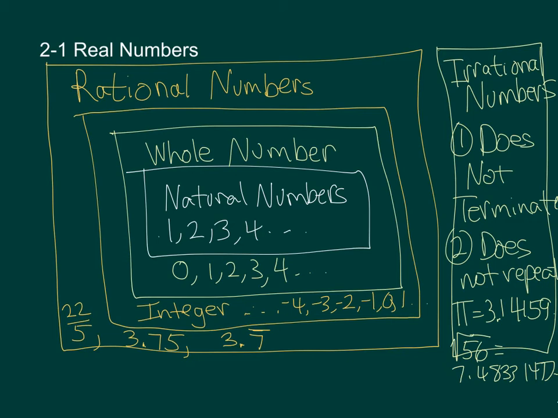On the next slide, we're going to look at some examples. The square root of 36. Before you try to decide whether that's real, rational, irrational, an integer, a whole number, or a natural number, simplify it first. The square root of 36 is 6, because 6 times 6 is 36.